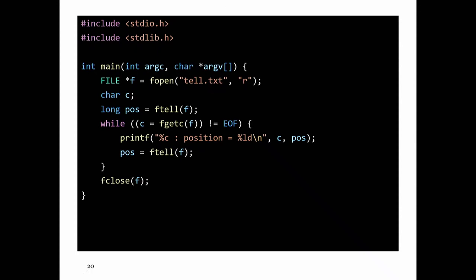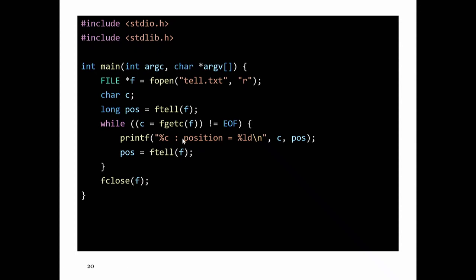So I'm going to open up that file for reading. I'm going to get the current file position using ftell, so this should be 0 to begin with. Now I'm going to read the file 1 character at a time, exactly the same way as before.